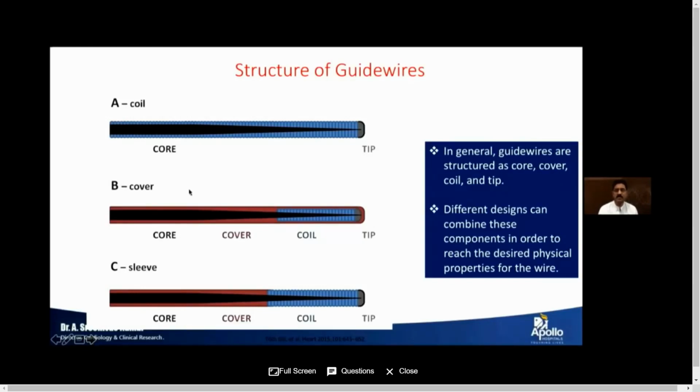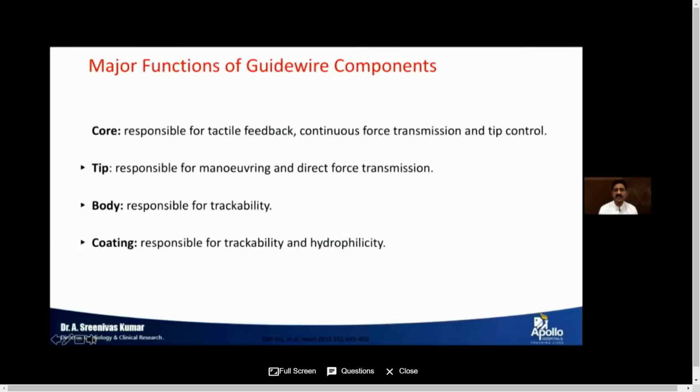Just for you to remember, I made this mnemonic: A is coil, B is cover, C is sleeve of the wire. The major functions of the wire: the core is responsible for tactile feedback, how you feel the wire, and continuous force transmission from your hand to the tip.